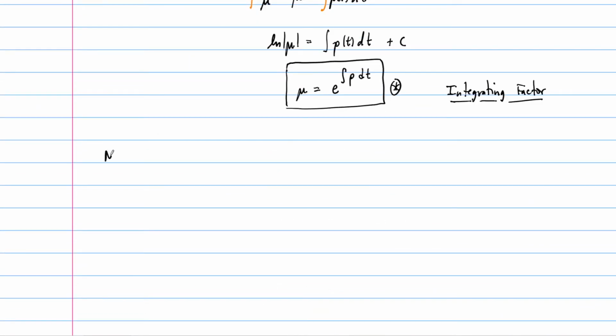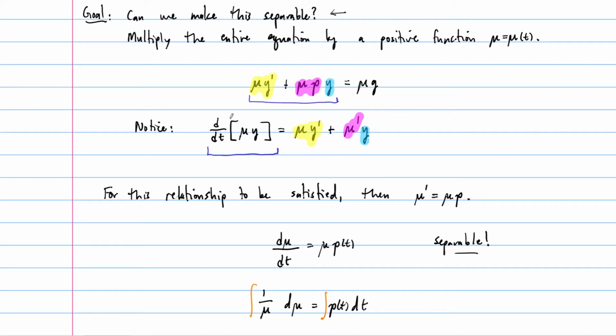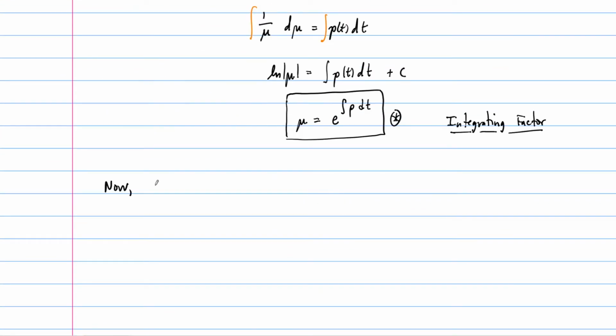So all of that work was just to be able to transform this into the following equation. Now the equation becomes d by dt of mu times y, where this is mu. I'm going to keep writing mu, but this is the formula for mu. Mu times y equals mu times g. And again, this is mu. So mu times g.